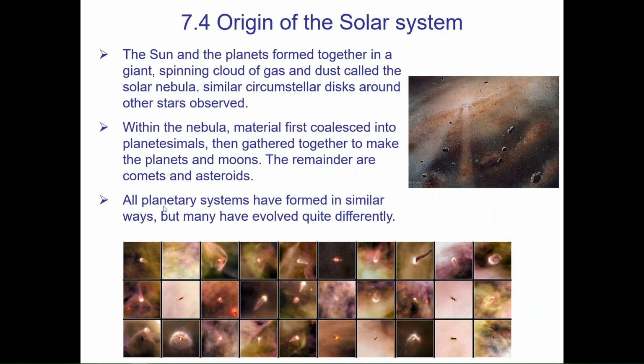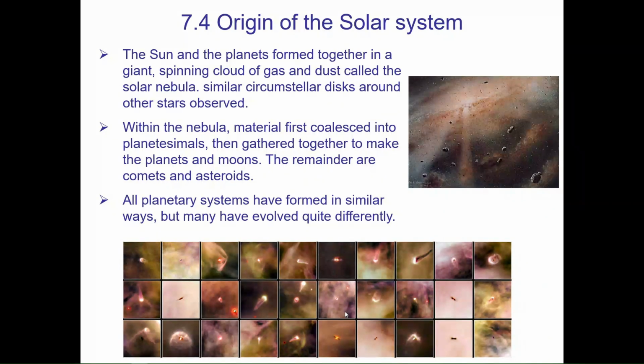However, after the planetary system forms, they probably evolve differently, along different paths. For example, if you look at the spinning of Venus in the solar system, it is not in the same direction as the other planets.